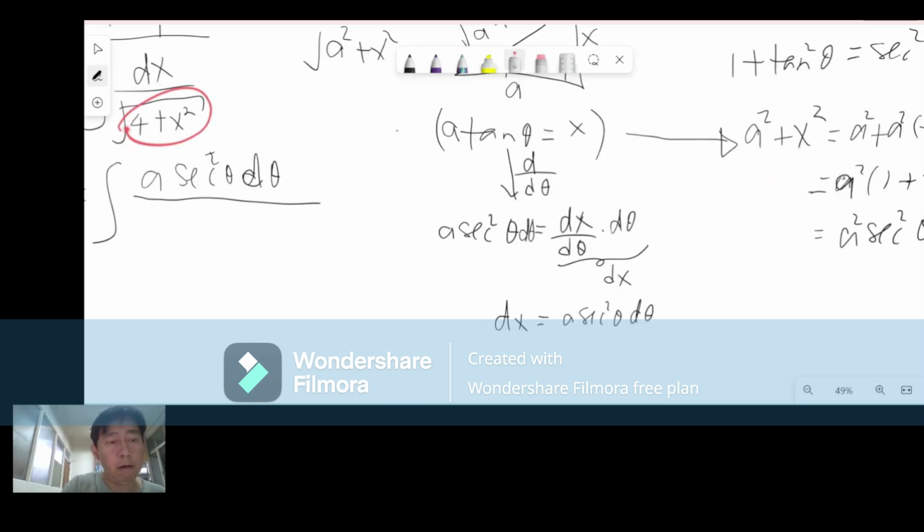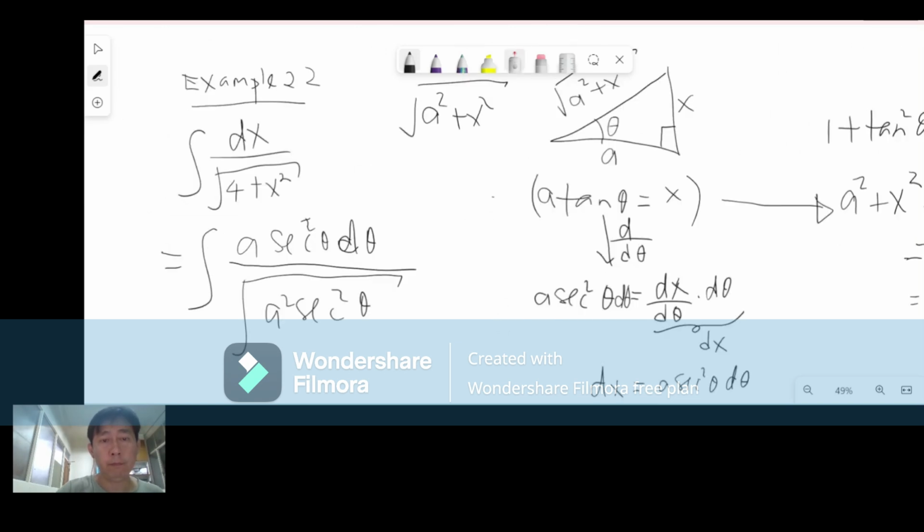The square root of a squared plus x squared can then be written as a squared secant squared theta. Remember here that a squared is 4, so that a itself is 2.